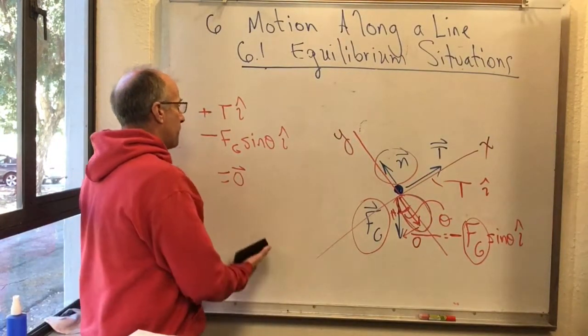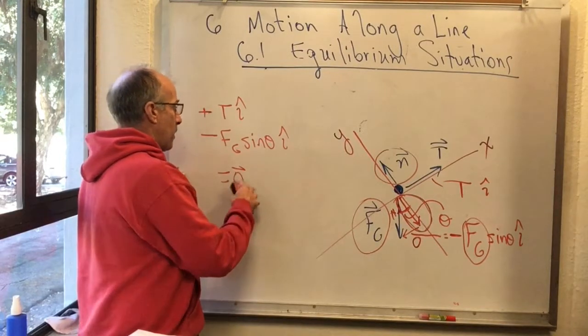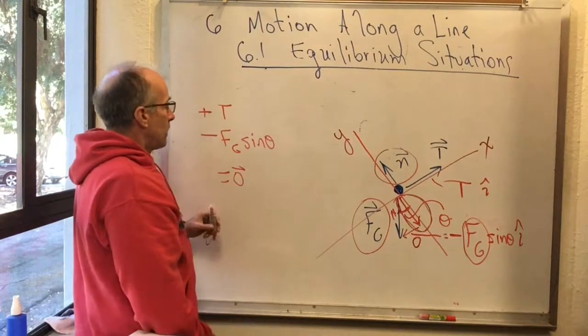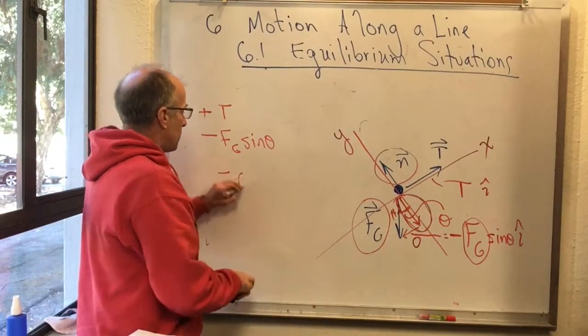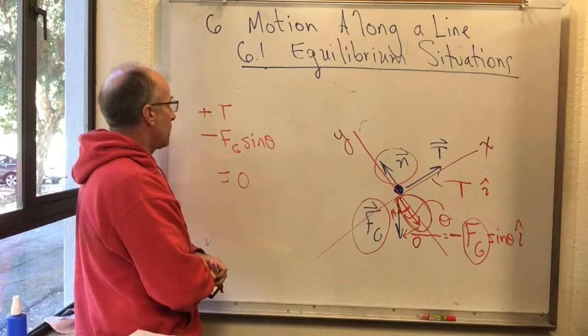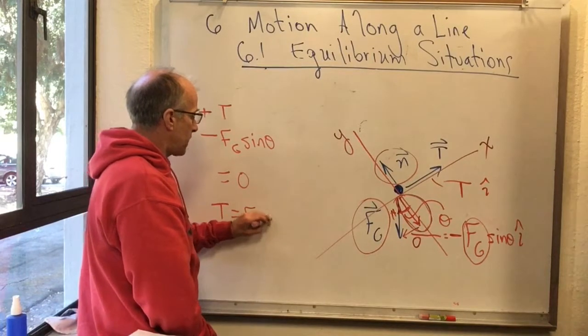I wrote it out as the vector part, but I can actually just make this a component equation, and now it's just t minus F g sine theta is equal to 0. Tension required: t is equal to F g sine theta.